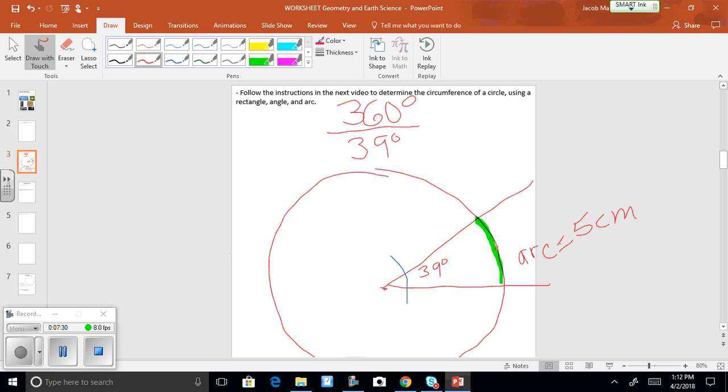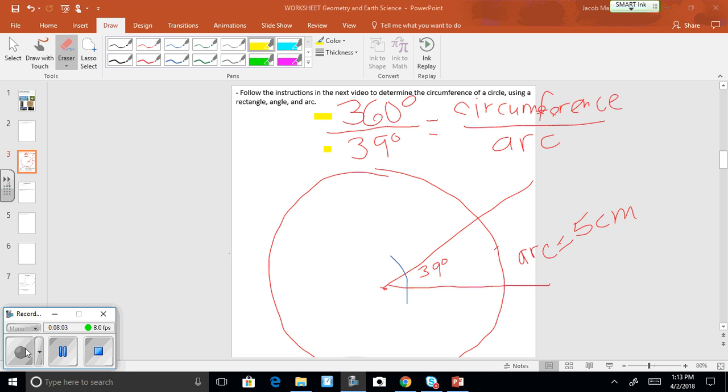Okay, now it turns out that this relationship here is proportional to the circumference over the arc. And that makes sense because this angle, the angle from this line to here, right, is 39 degrees. And that 39 degrees is out of 360.